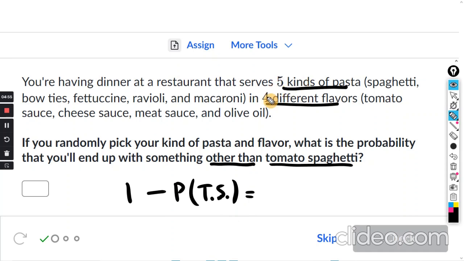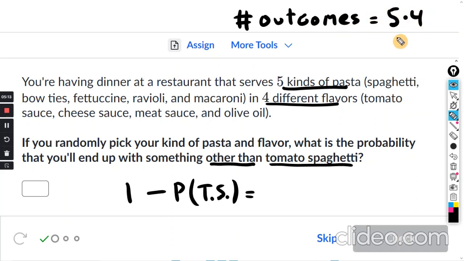Now there's 5 pastas, 4 different flavors. You have to choose 1 of each. So the number of outcomes is just 5 times 4, which is 20. Okay? And for tomato spaghetti, that is just 1 possible outcome. So we have the 1 minus, and the chance of getting tomato spaghetti is going to be 1 out of 20.